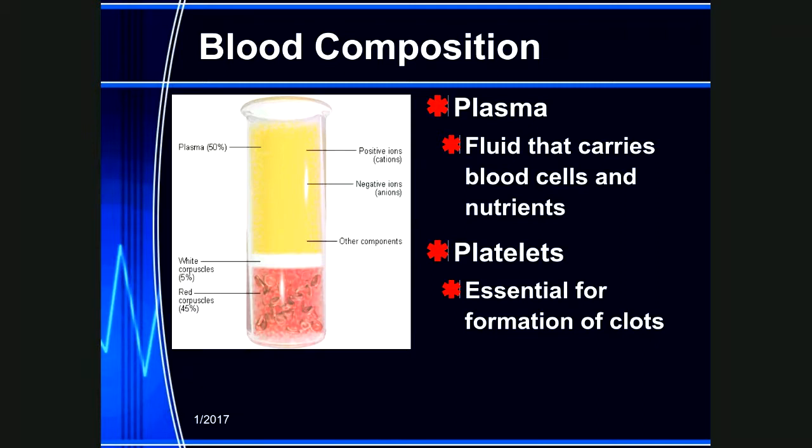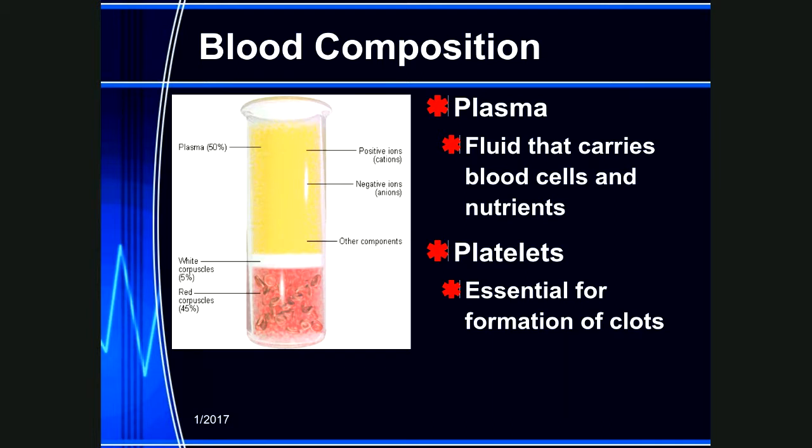Plasma makes up approximately 50% of the blood. It's the fluid that carries blood cells and nutrients. It's a watery, salty fluid that makes up about half the volume of blood. It carries red blood cells and white blood cells. Platelets also are essential for formation of blood clots.